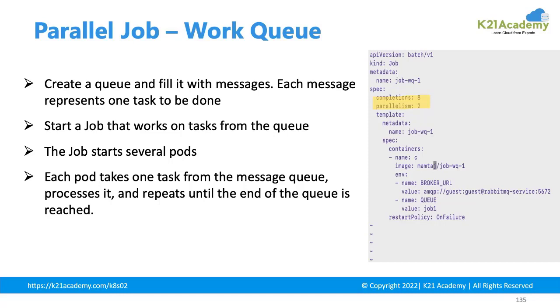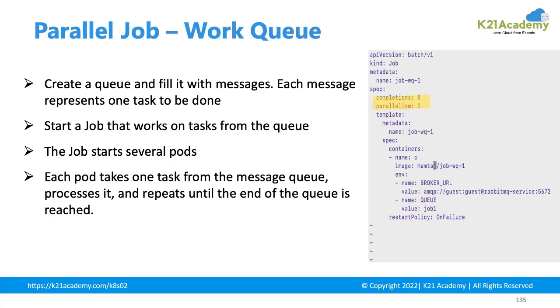They are picking one task each from the queue, processing them, marking them as completed. Then again 2 pods will come up, and that should happen until the completions are reached. Here I have given completions as 8, which means 8 tasks need to be completed for the entire job to get finished. So completions are 8 and parallelism is marked as 2.